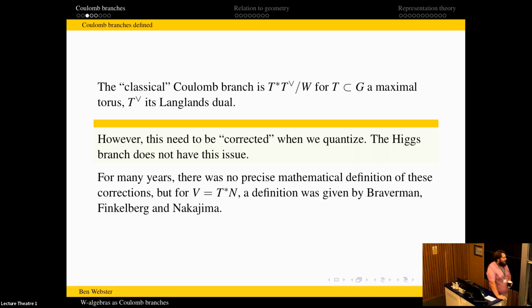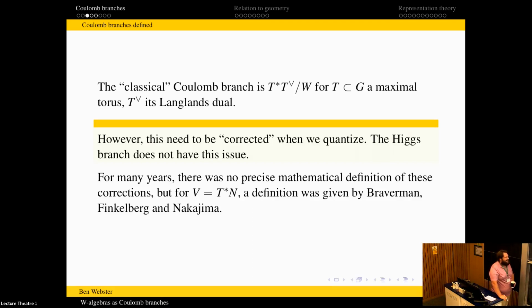And they would say, well, okay, the classical one is I take the torus of my group, the complexified group, because physicists prefer compact groups. I take the cotangent bundle of that, and I mod out by the Weyl group. And then you would say, well, wait, that doesn't depend on the representation.